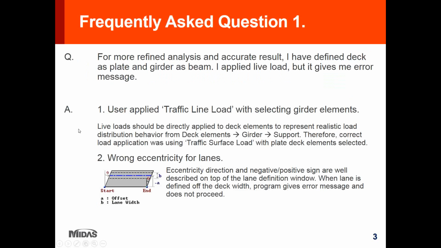So, frequently asked question number 1. For more refined analysis and accurate results, I have defined the deck as a plate and the girder as a beam. I apply live load, but it gives me an error message. There are two possible causes of error for this type of query.